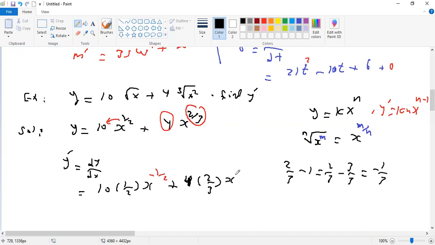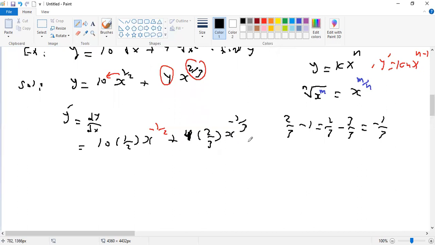So we have x to the power negative 1 over 3. This is the answer. It can be simplified, but this is the derivative.